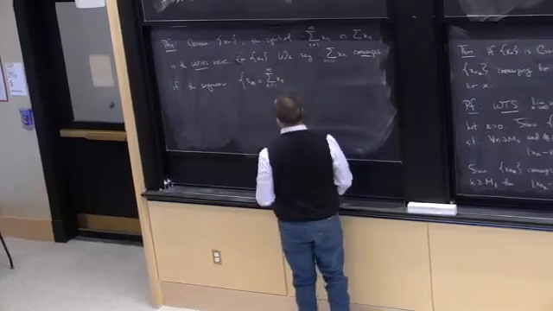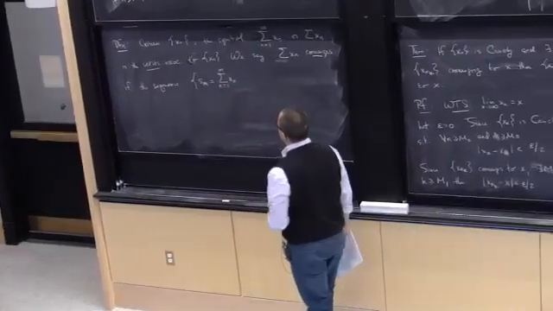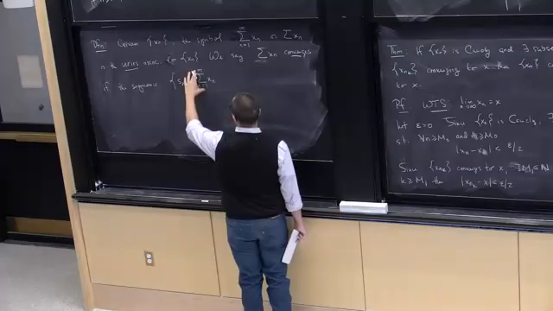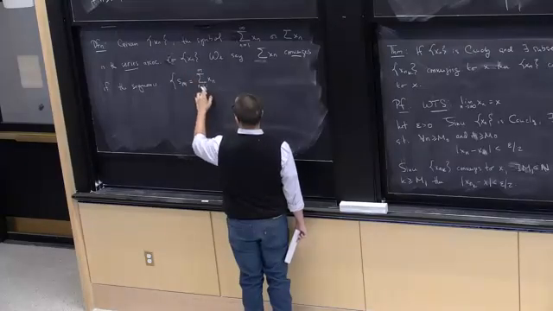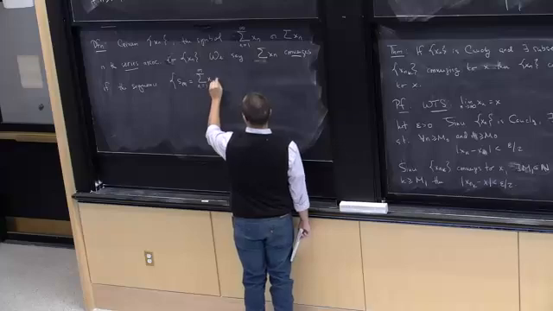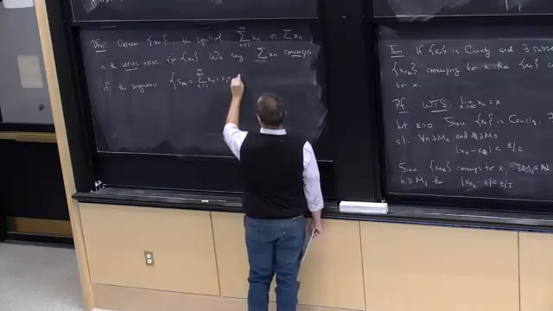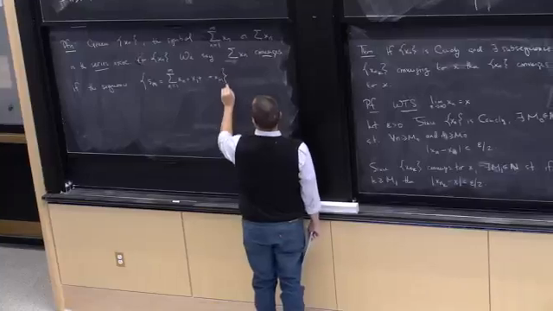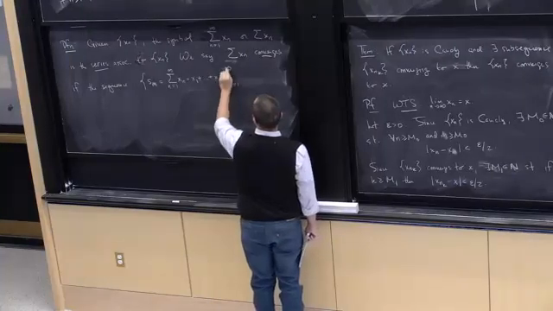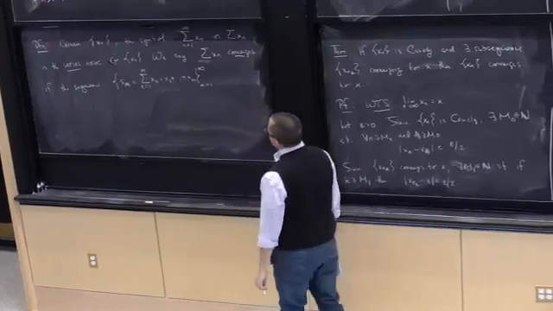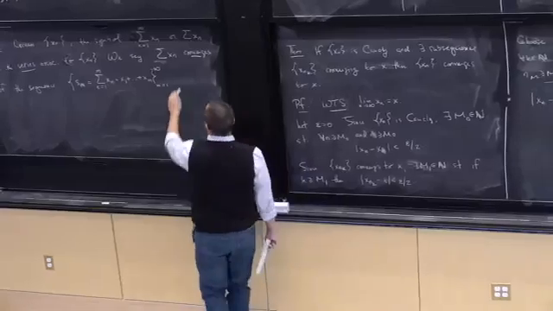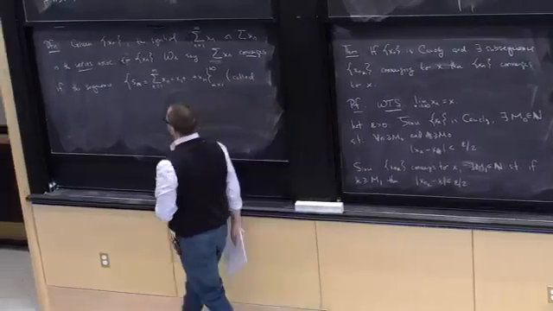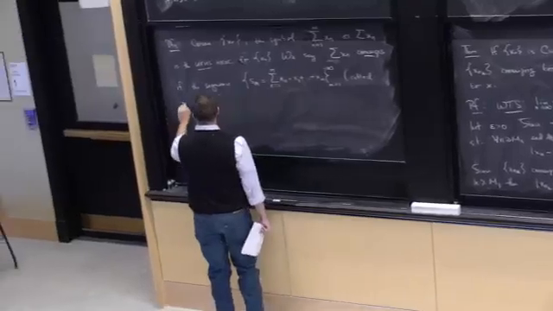S sub m, this is the element of the sequence. And what is it? It is the actual sum. So this is not a formal thing. This is just a finite sum from n equals 1 to m. So this is the sequence now, m equals 1 to infinity. And these guys we call partial sums.